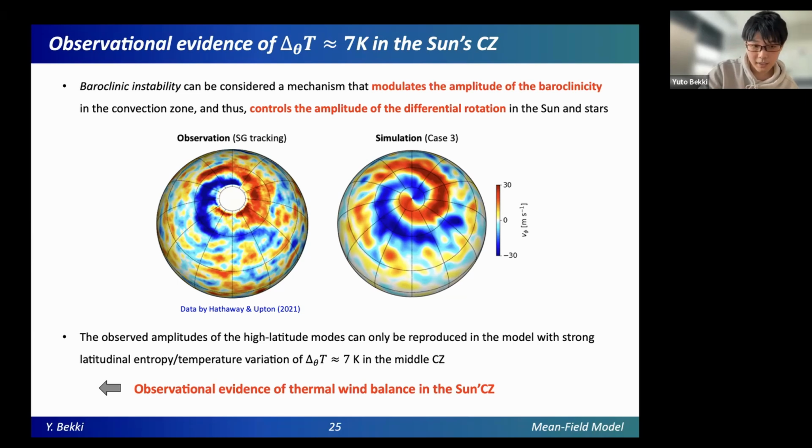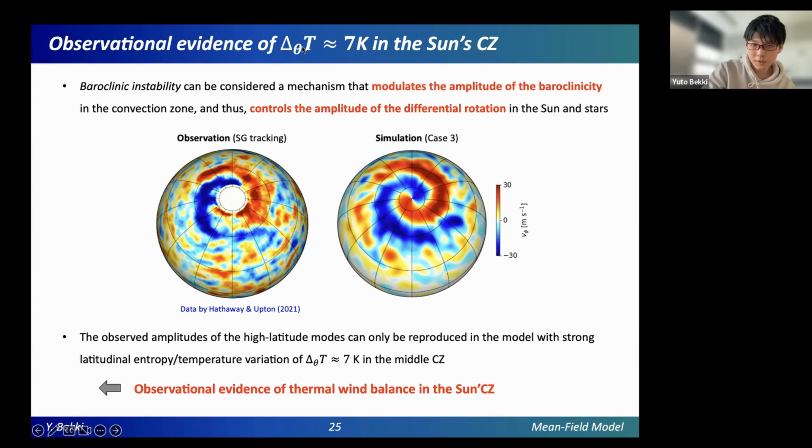Another interesting thing is that we observe these baroclinic modes on the sun, which can be regarded as observational evidence of the latitudinal entropy variation in the sun's convection zone. And this corresponds to the observed amplitudes.